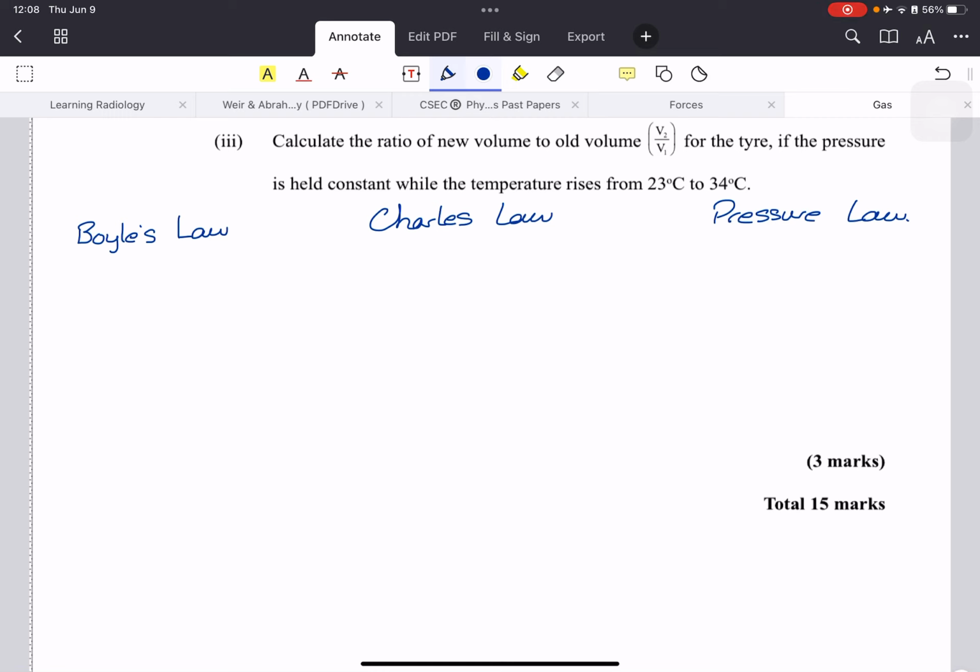But what you need to know is that here temperature is constant. Okay, that is important. Charles' law, pressure is constant. And obviously in the pressure law, volume is constant.